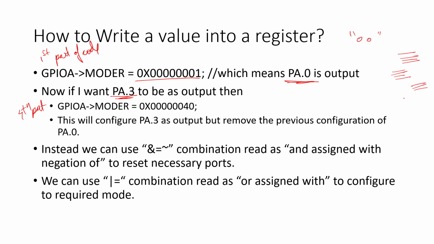After the I2C drivers, if you want PA.3 to be output, then as per the previous notion, you would simply write GPIO A arrow MODER as 0x0040.